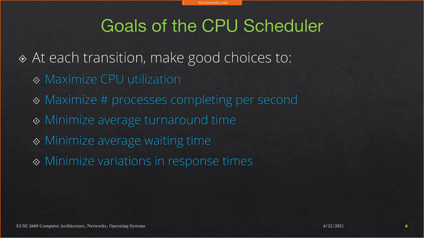So the point is that we have several parameters of interest that we might want to optimize. The problem is that optimizing for different metrics could be conflicting to each other, right? Which essentially means that we could have a situation where we have to compromise or have certain trade-offs. So for example, if you want to maximize CPU utilization, we may not want to carry out too many context switches.